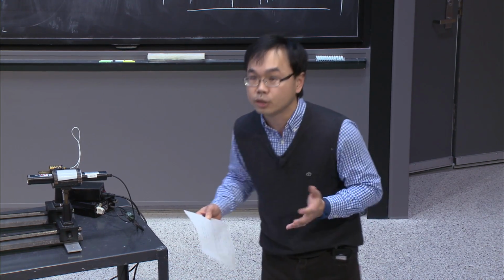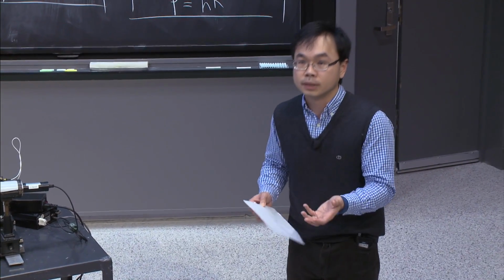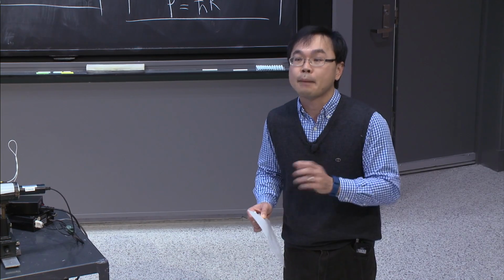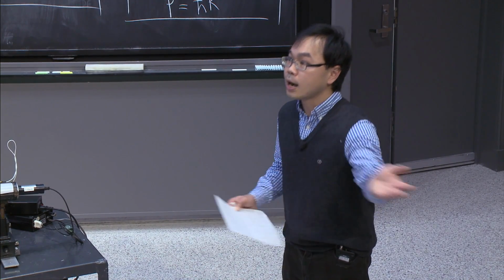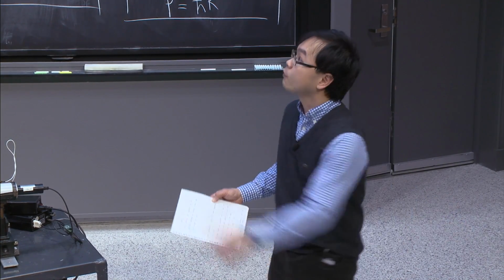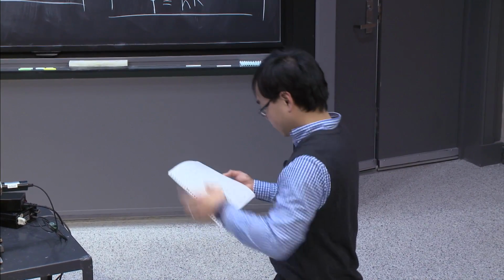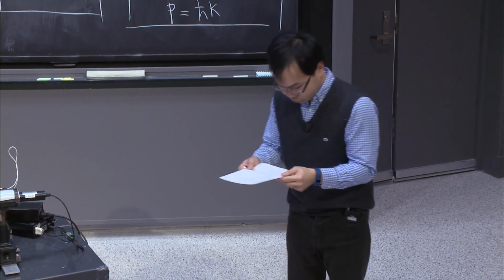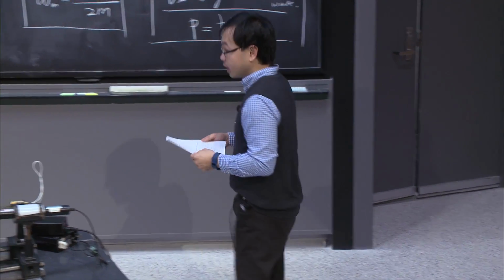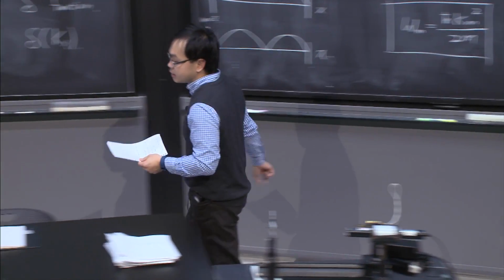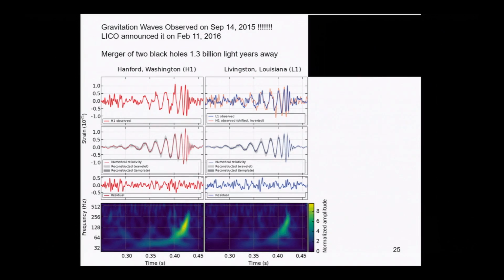We have a new way to detect phenomena which are happening very, very far away from the Earth. How far is this event? According to calculation, this event is something like 1.3 billion light years away from the Earth. And we can detect it.